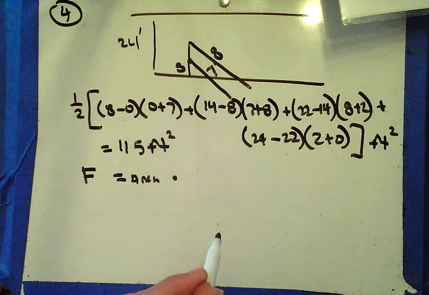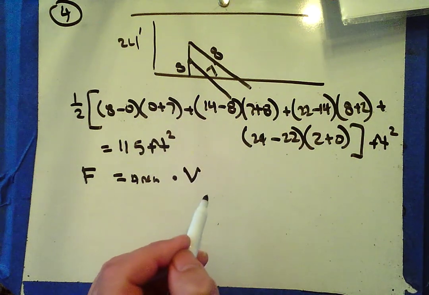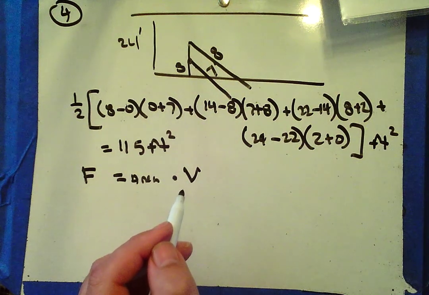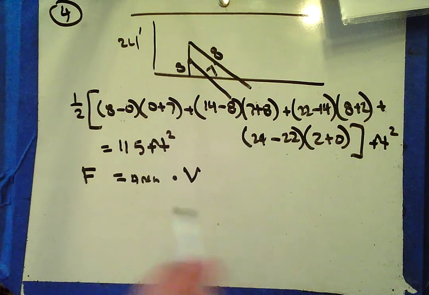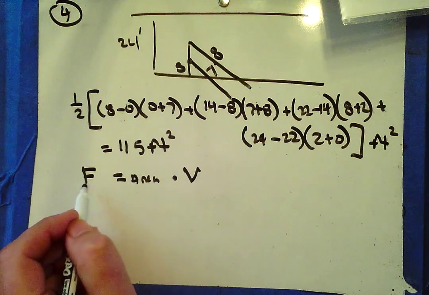Cross-sectional area times the velocity of the water at this location times velocity. Okay, so then I'm thinking about reading further. Use the approximation from part A to estimate the average value of flow.